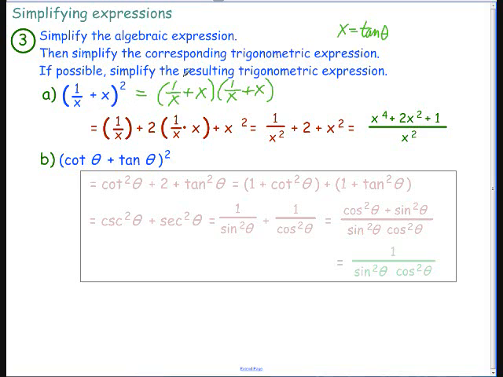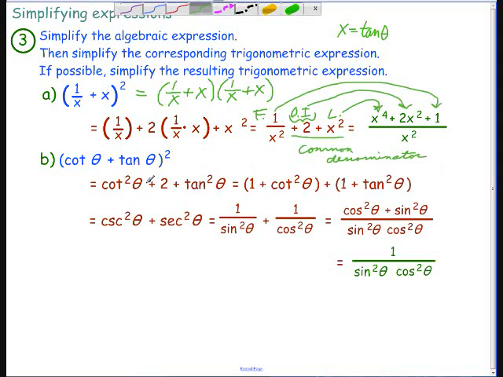Agreed? And we'll do foiling again. And when we do, here's our first term, and our last is right here. Our inside was x times 1 over x, which would give us 1. Our outside was 1 over x times x, which would give us another 1. So this is our outside and our inside added together.